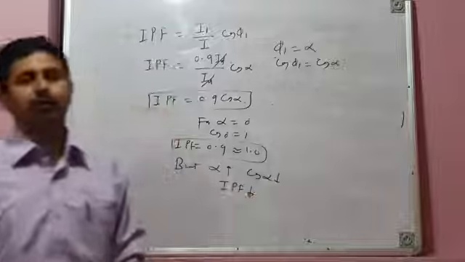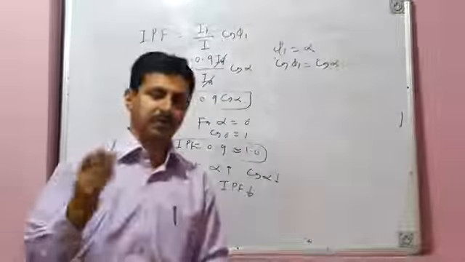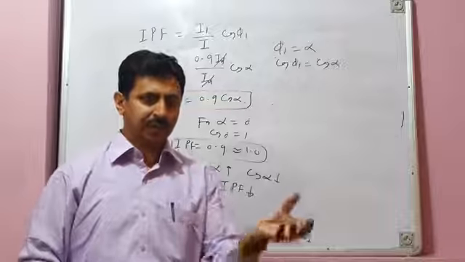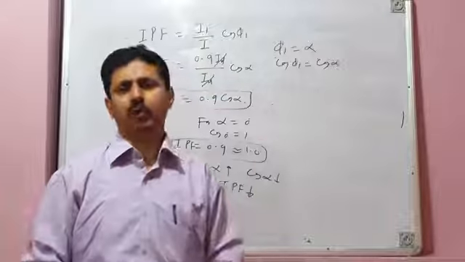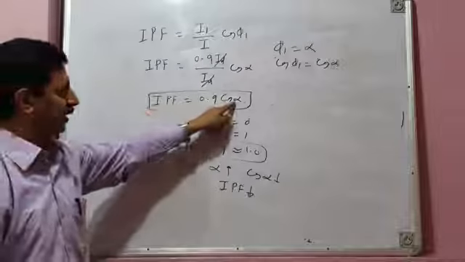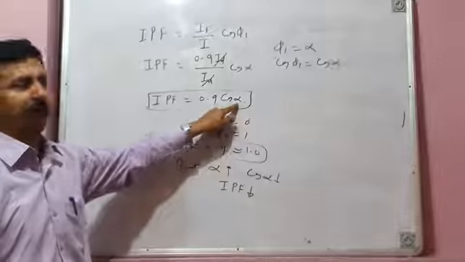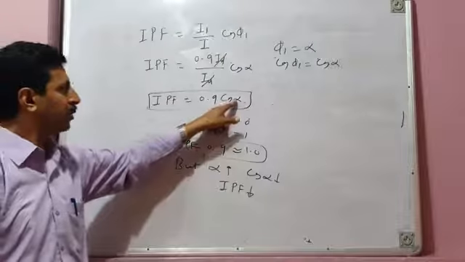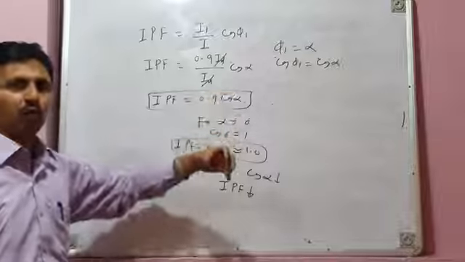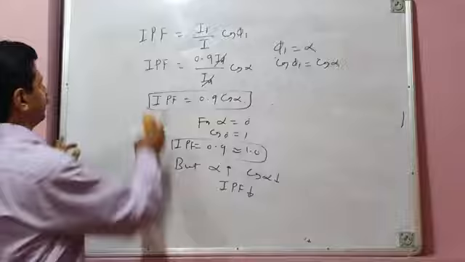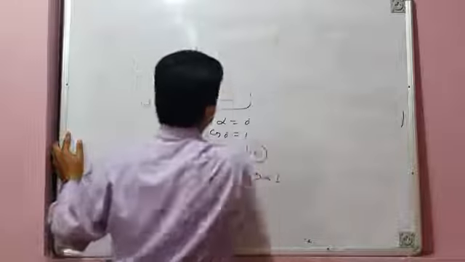If you operate your converter at large values of delay angle, the input power factor will be very poor. That means your converter will be drawing more and more reactive power from the source. So the input power factor is 0.9 cos alpha. It is dependent upon alpha. For small alpha, the input power factor is better. For large values of alpha, it is poor. That is about input power factor.